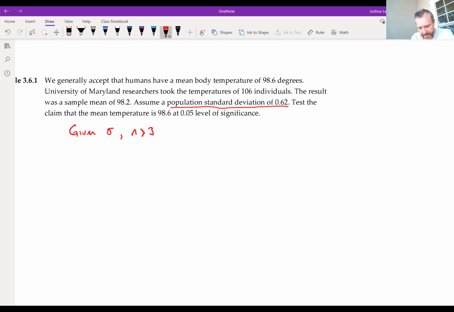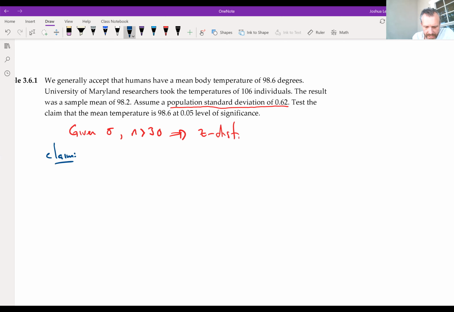N is indeed greater than 30. And so we have this standardized Z distribution. Okay, so let's go through with all of our steps.